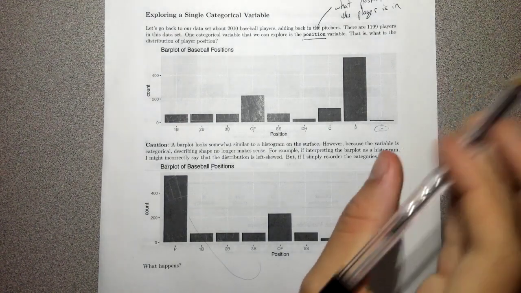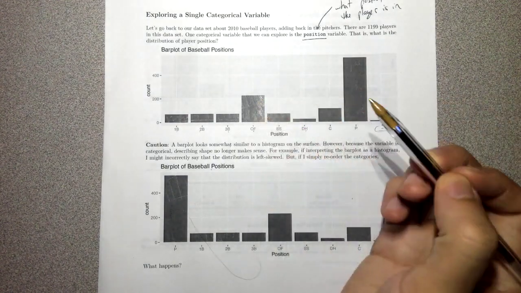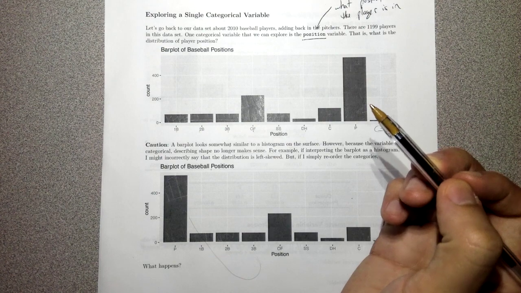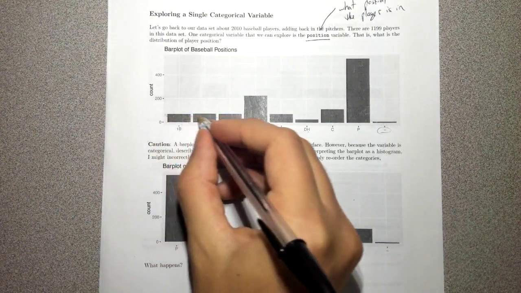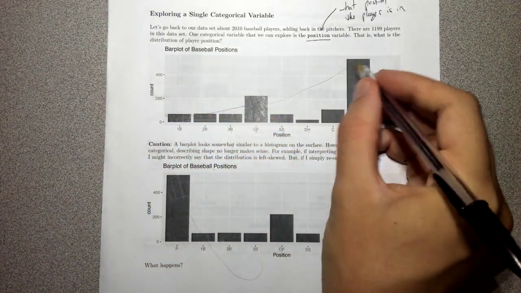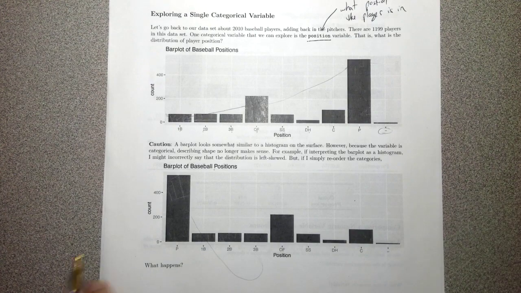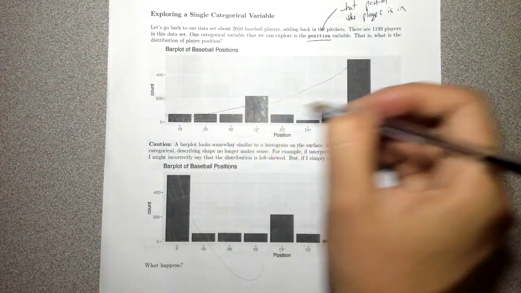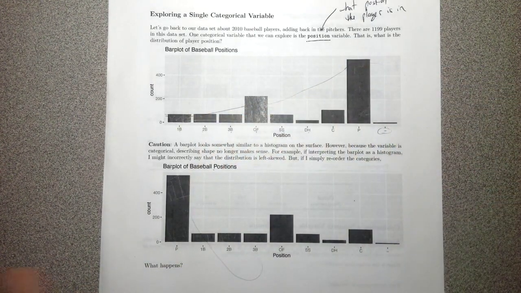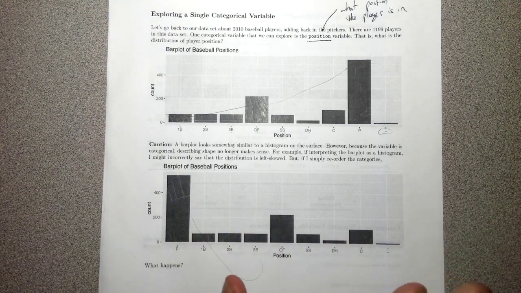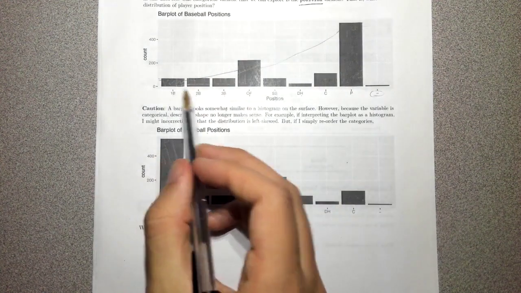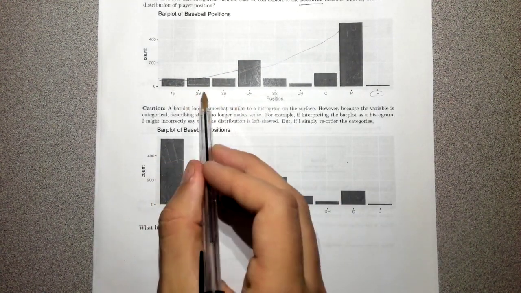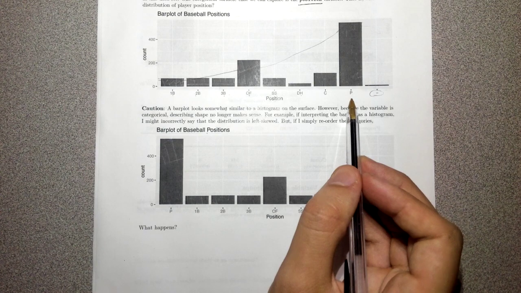All right, a caution here is that we might be tempted to describe the shape like we did with histograms. We might be tempted to say that this looks like it's left skewed because it has this long left tail. That's not accurate though. The reason we can't do that is because these positions are just ordered arbitrarily.